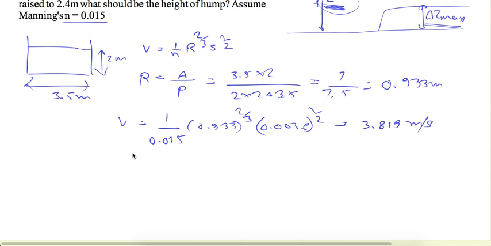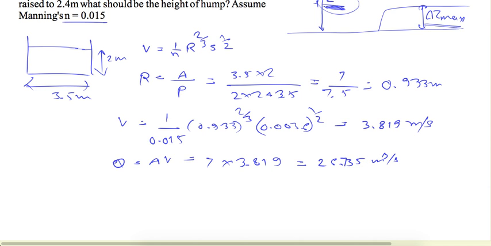And the discharge we can find out as A into V. So A is equal to 7 into 3.819, so it comes out as 26.735 meter cube per second.